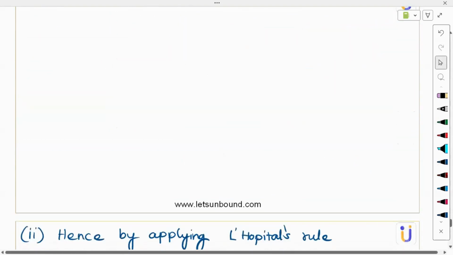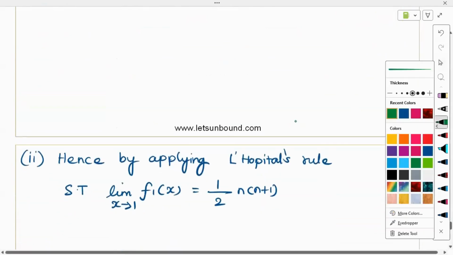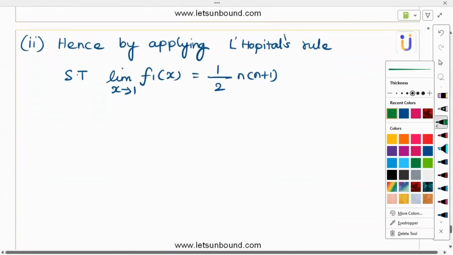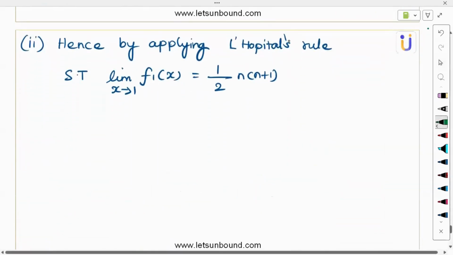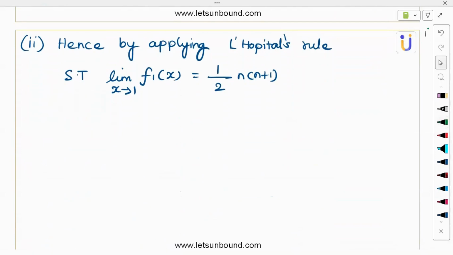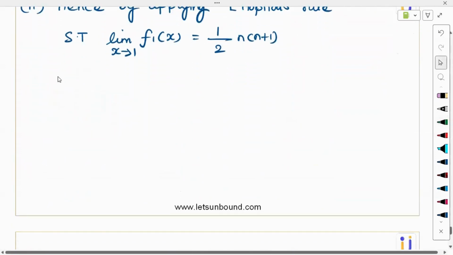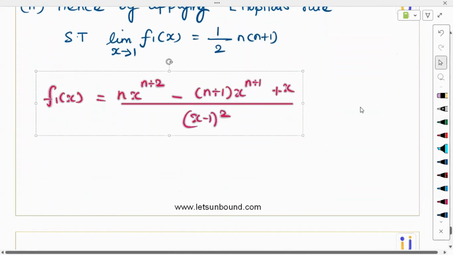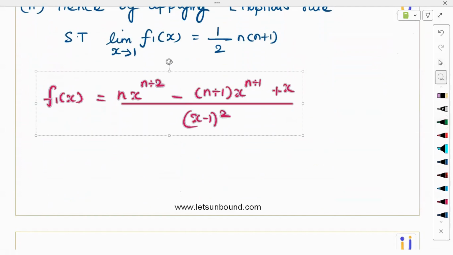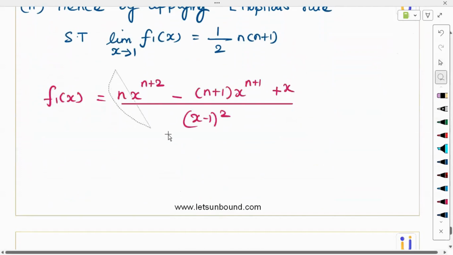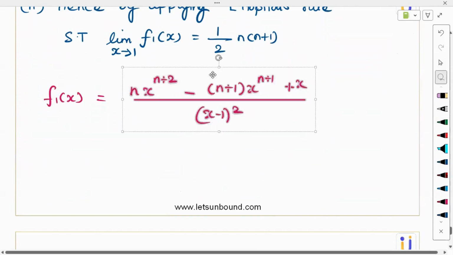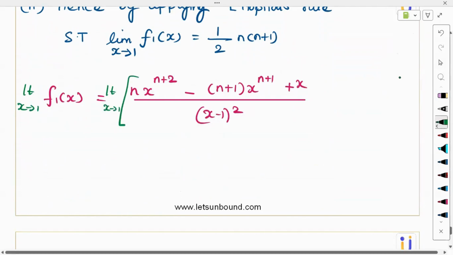Now, if there is an indeterminate form, we will solve it by using L'Hopital's rule. Let's prove this: limit x tends to 1 of f1 of x using L'Hopital's. What is L'Hopital's rule? We will differentiate numerator and denominator as many times as needed whenever we get an indeterminate form. When there is an acceptable form, we will stop there. So limit x tends to 1 for the whole thing.